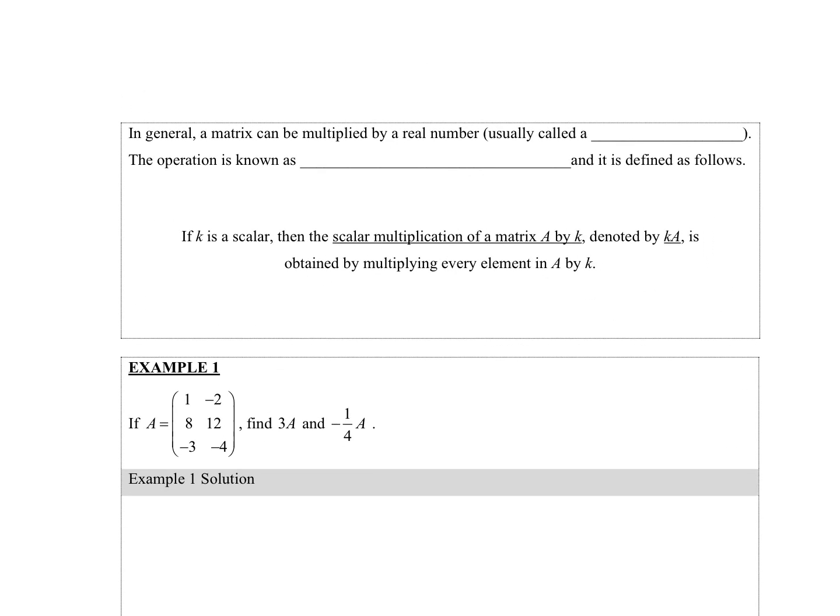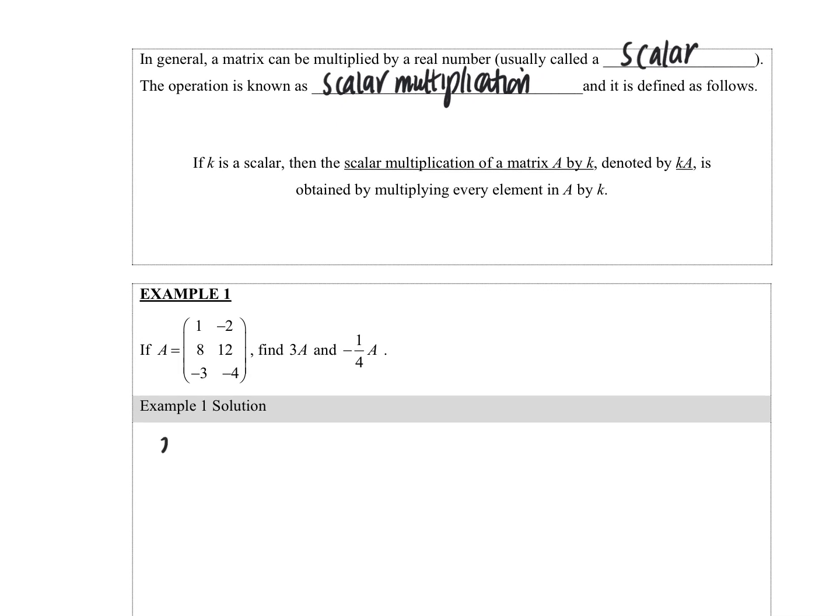Okay, so in general, a matrix can be multiplied by a real number, usually called a scalar. The operation is known as scalar multiplication. So when they say 3A, you just multiply every entry by 3. This kind is still very direct, not difficult at all.